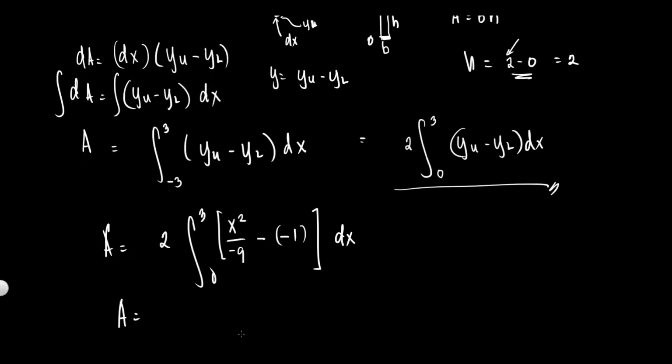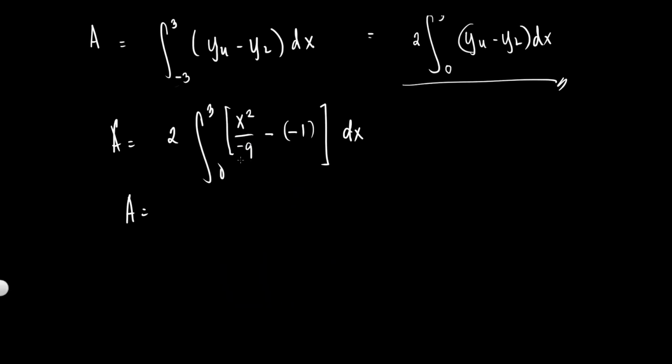So, area equals 2 times x cubed over minus 3 times, or minus 9, times 3. Then this one plus 1 na to, or integral of dx as x, limits 0 to 3.